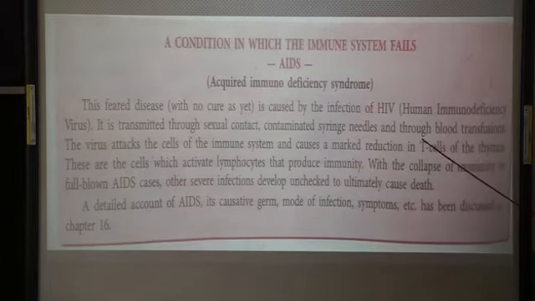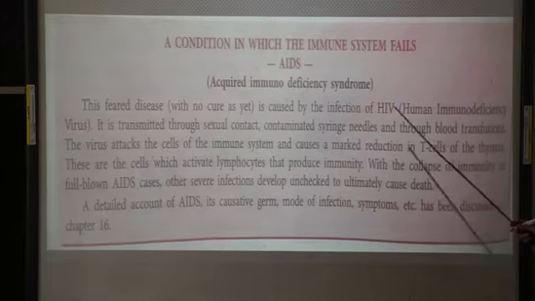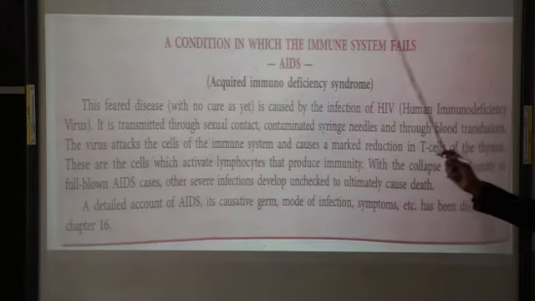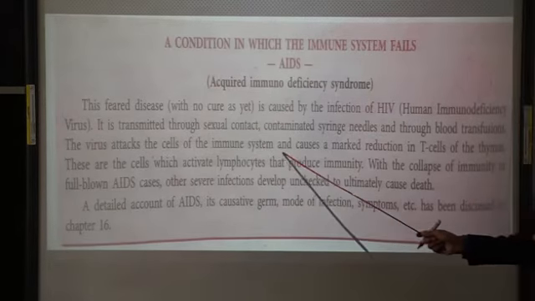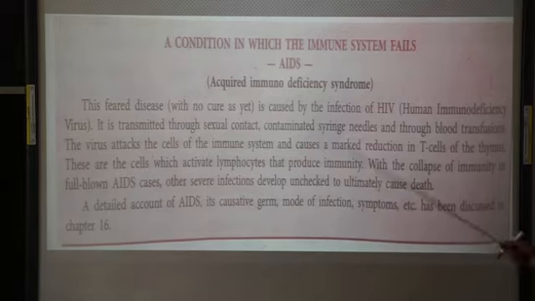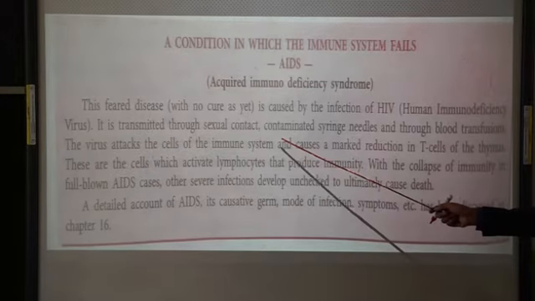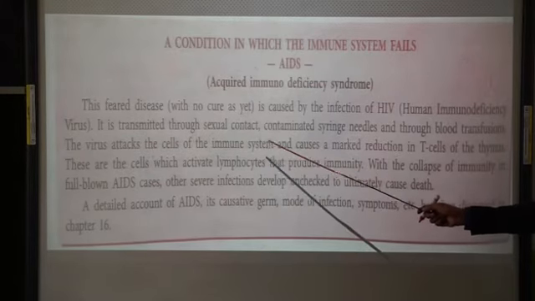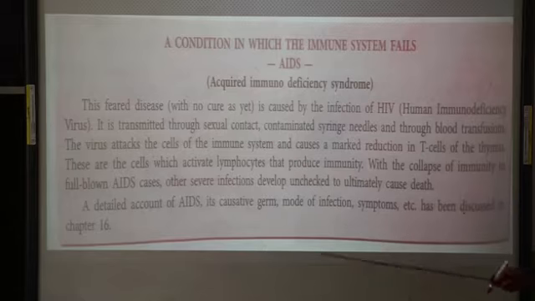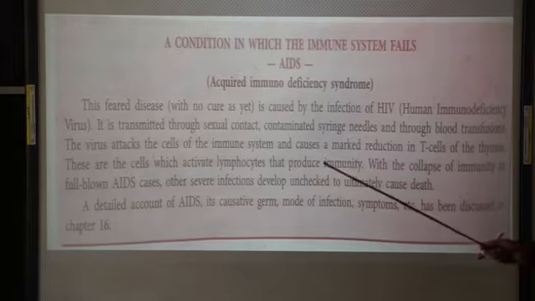Now this particular disease is caused by the virus HIV, which will attack the cells of the immune system, mainly the lymphocytes. Clear? And remember, lymphocytes are a type of WBC. What are the types of lymphocytes? Try to recall.